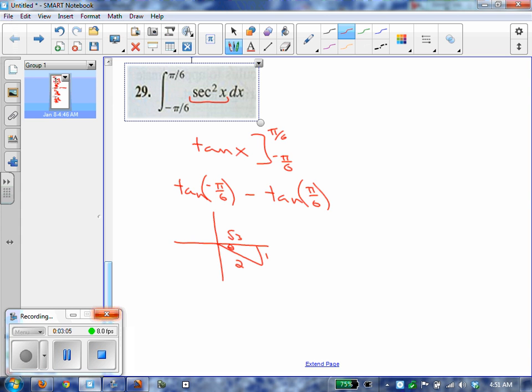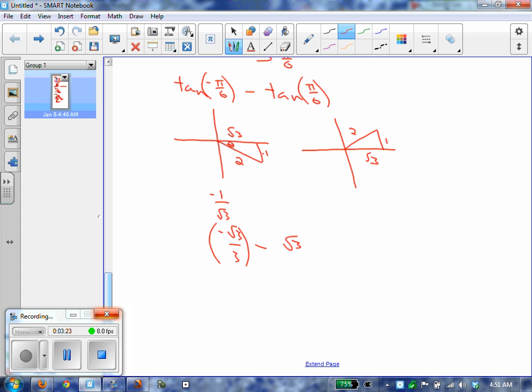Tangent would be opposite over adjacent. This is negative, so I'm going to get -1 over radical 3, which is negative radical 3 over 3. Minus tangent of pi over 6, so that's going to be positive radical 3 over 3. So I'm going to get -2 radical 3 over 3.